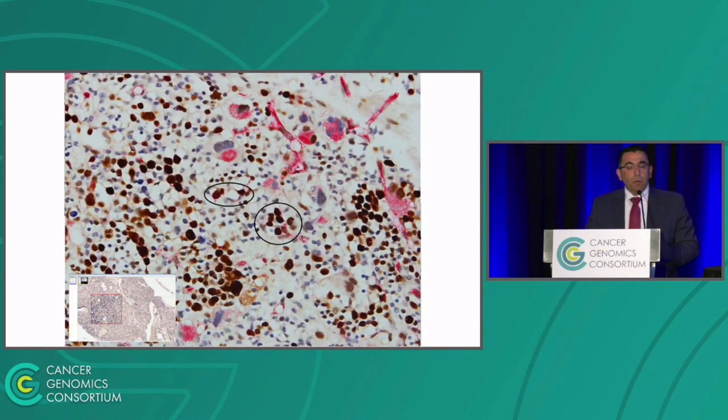Within that study, we were also able to demonstrate that the mutant p53 protein expression is not restricted to the stem cell compartment, which in this image shows, is highlighted by some red staining for CD34. So the red stain around some of these cells with p53 high expression are blasts by virtue of CD34 expression.